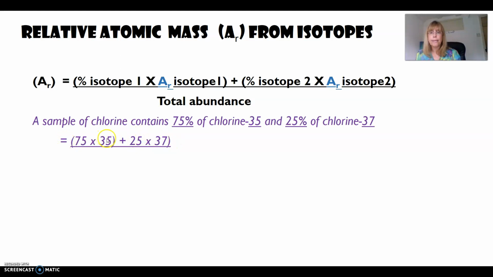So I multiply that and I add it to the multiplication of that, and I've got a total of 100. So I get 3,550 divided by 100, which gives me an answer of 35.5, and that's why in your periodic table chlorine unusually has a decimal place, because it is the average. Okay, and this is how they worked it out.